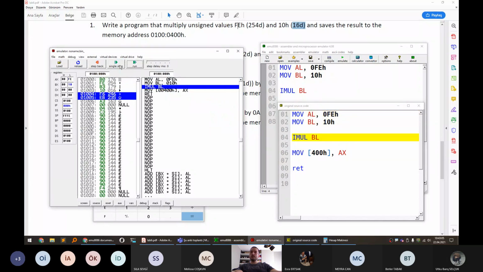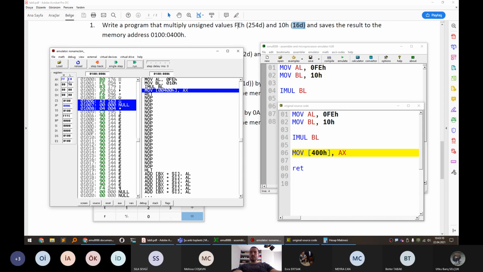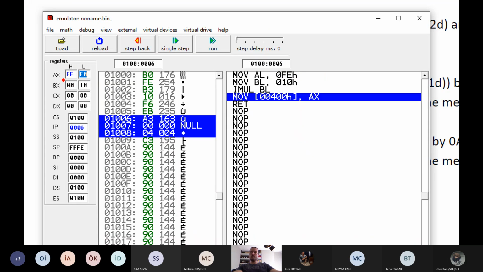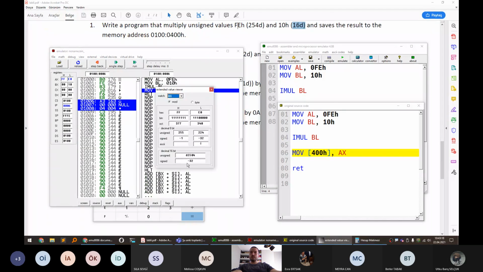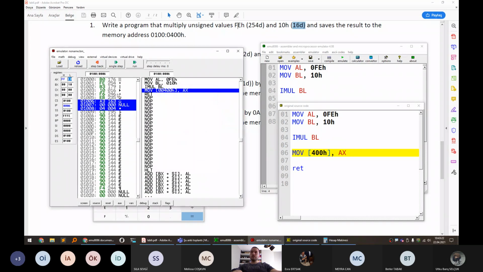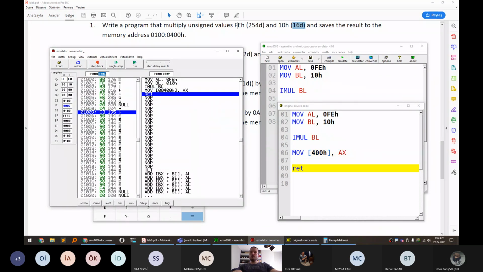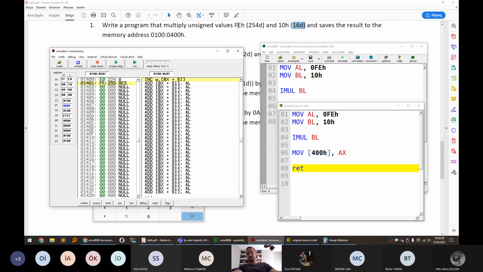Okay, FE10, we are going to IMUL, and the result is FFE0. As you can see in here, the result is FFE0. FFE0 is -32, which will be stored into 400 memory location.